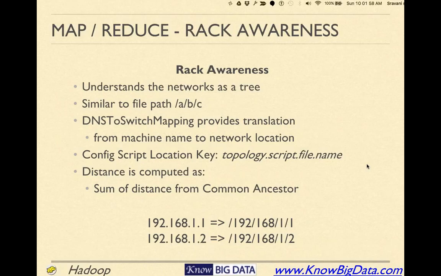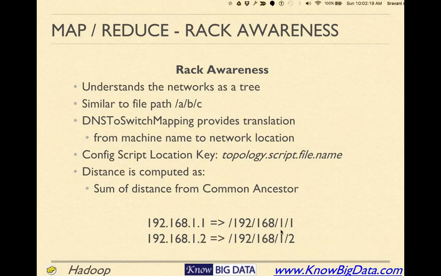Okay, now by default the algorithm in Hadoop is, it will take the IP address, replace the dot with a slash, and that will become the file path, like for example this one, and will compute the distance between these two file paths by finding the common ancestor.